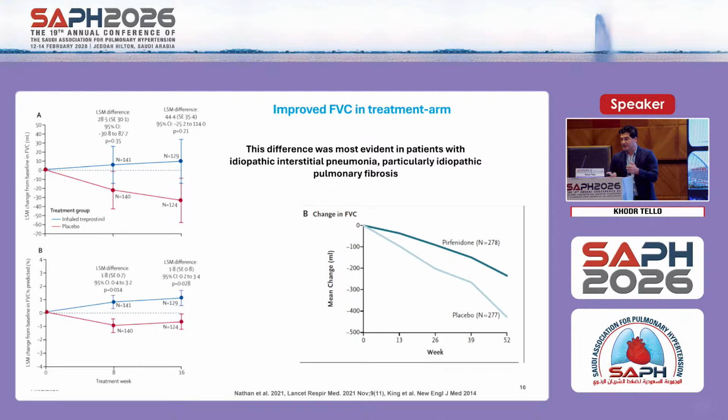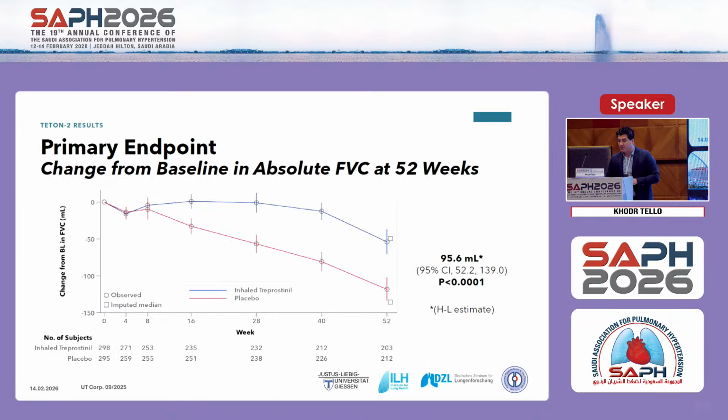So I wanted to see more data in this regard, and this has also been shown, but I'd like to show it again, because after 52 weeks, which is the normal period we have in IPF studies, and those were IPF patients, there was a difference of 95 milliliters in 1 year, which is considered really clinically relevant.